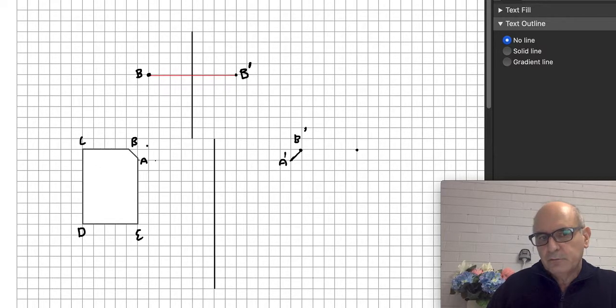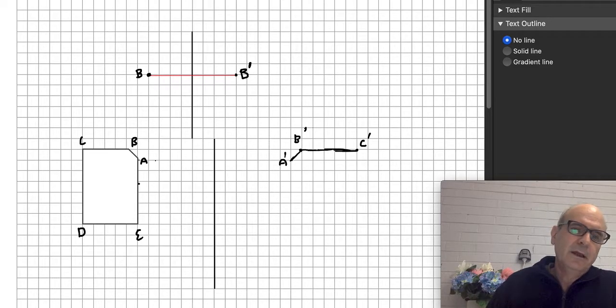Now I come to the line at right angle and continue 12 units to the right. Now that point will be C dash, or the reflection of point C. And now again I connect these together. All right, and I keep repeating that.